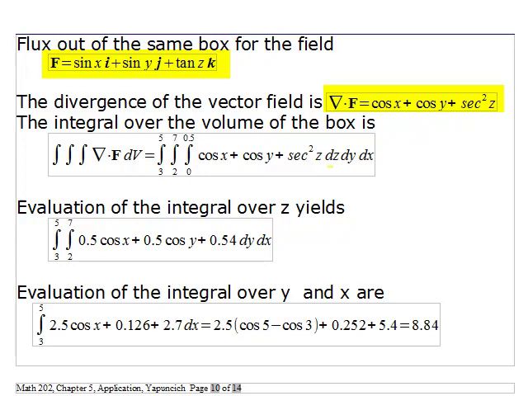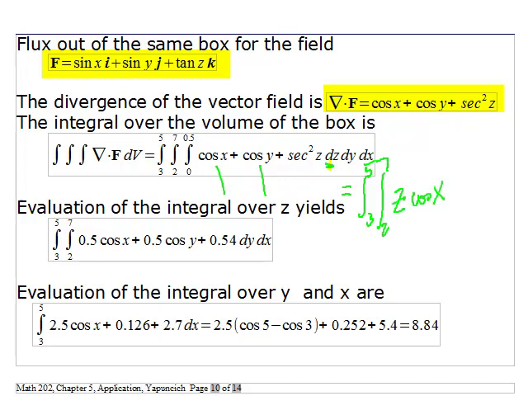But now look, when I integrate in z, what do I get? Some people tend to forget the x and the y here because they don't have a z in them. But when I integrate this, what am I going to get? I still have the 3 to 5 and the 2 to 7. Fine. Now it's going to be z times the cosine of x.